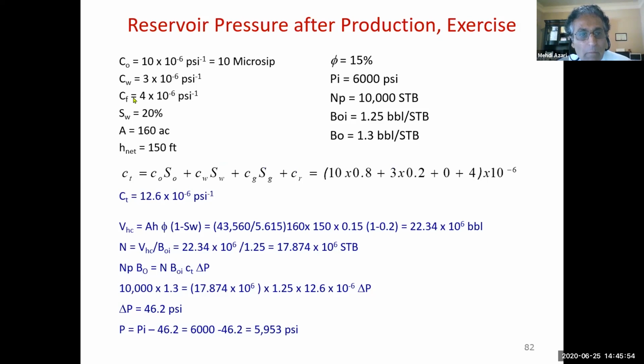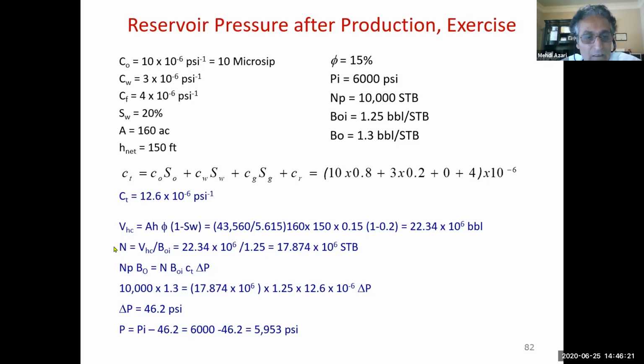And so I basically repeated the same example there, Co, Cw, Cf, stuff like that, and with the saturations. And now CT is going to be 12.6. Remember that the first one we did, for the oil we used like 4. So now the volume of hydrocarbon is going to be A h, area times porosity times 1 minus saturation, hydrocarbon volume. I have all of these numbers, calculate the volume of the hydrocarbon.